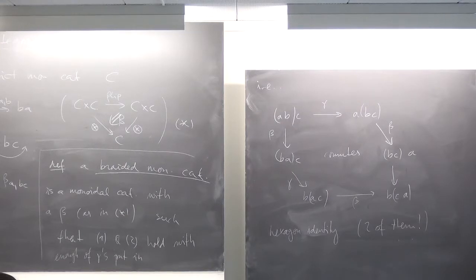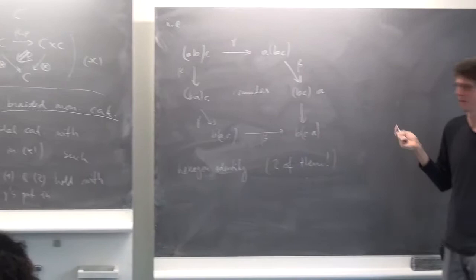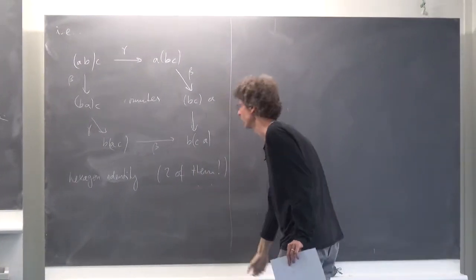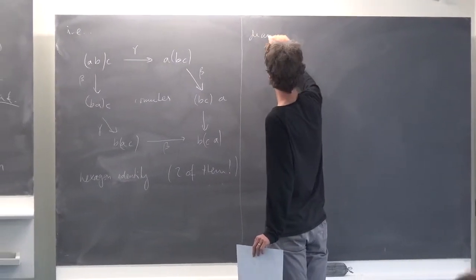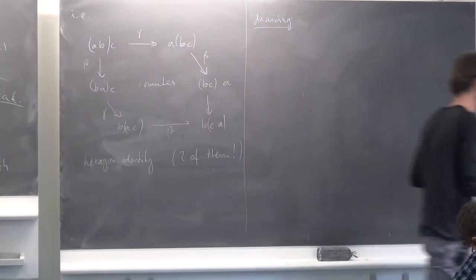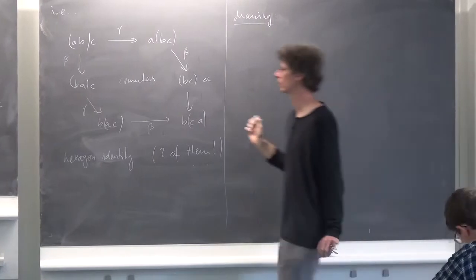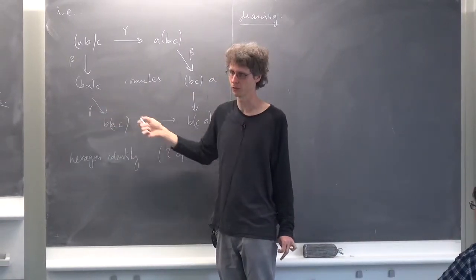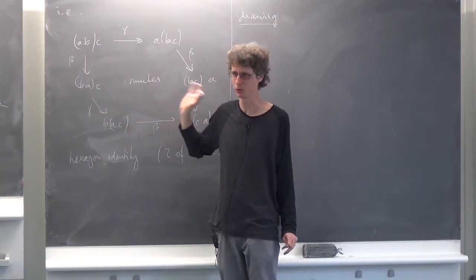And now, how does one draw things, or anyway, why is it called a braided monoidal category? How to draw those things? Let me now for a moment forget about those gammas, because we know that we can always forget about them.